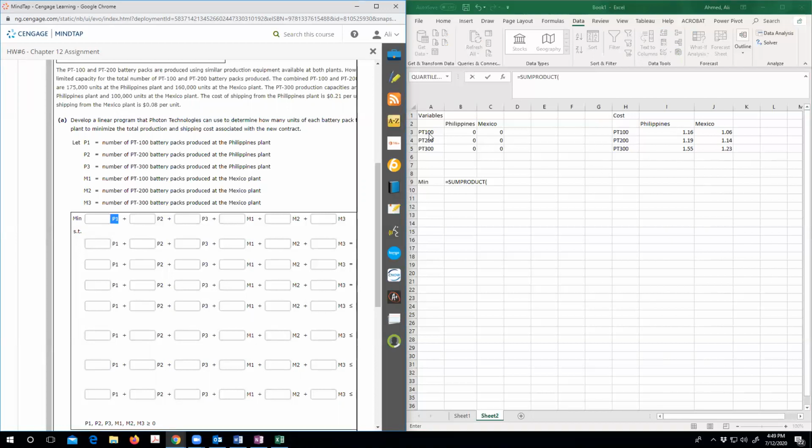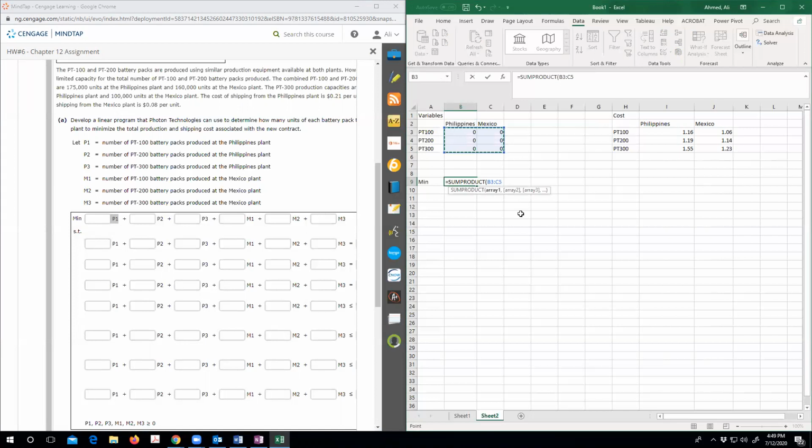So my point is, we can do the sumproduct function in this way. This is our one side, and this is the other side. And that's it. This is our objective function, which means we already have P1, P2, P3 and everything here. We just have to put this one here.